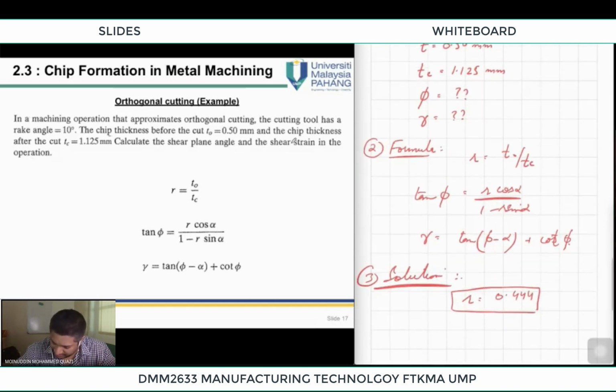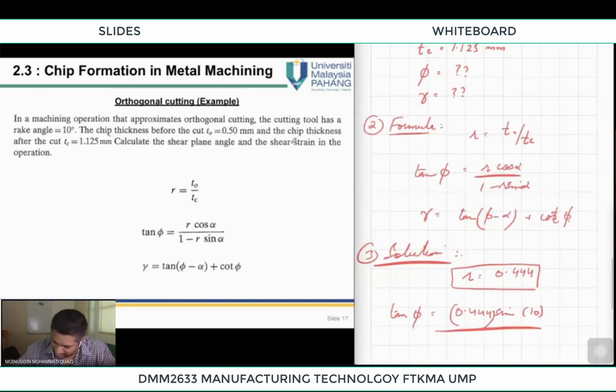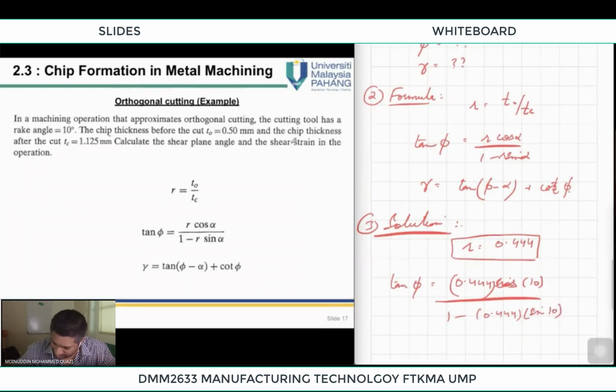Now tangent phi is equal to 0.444 multiplied by cos 10 degrees, divided by 1 minus 0.444 multiplied by sine 10 degrees. Sorry, this is r cos alpha.